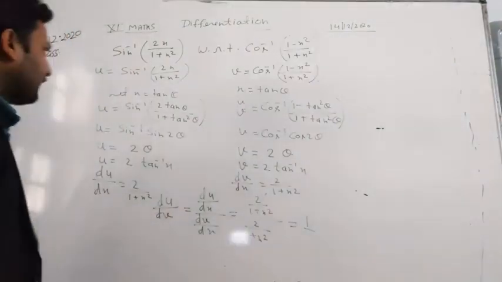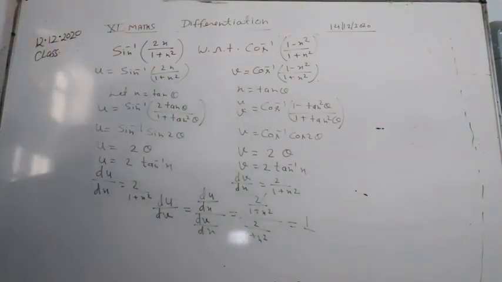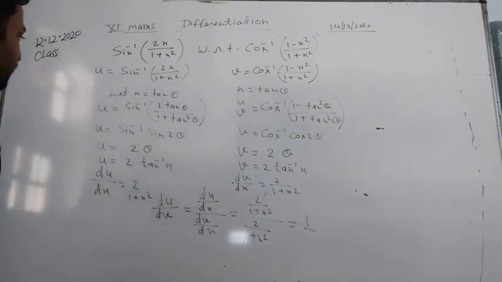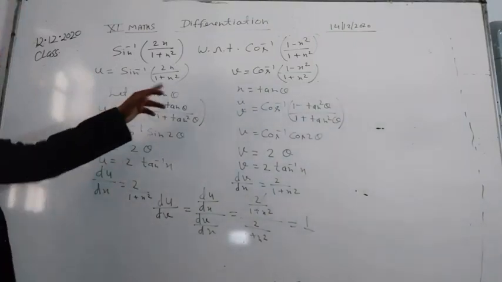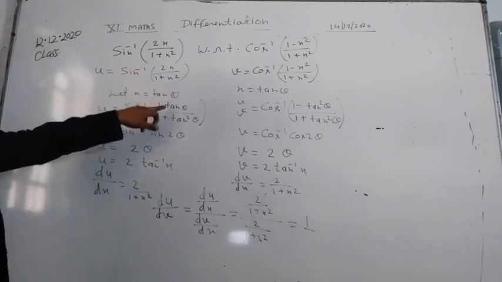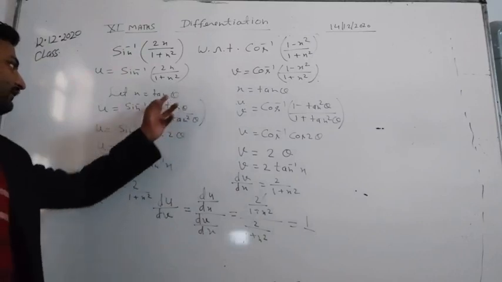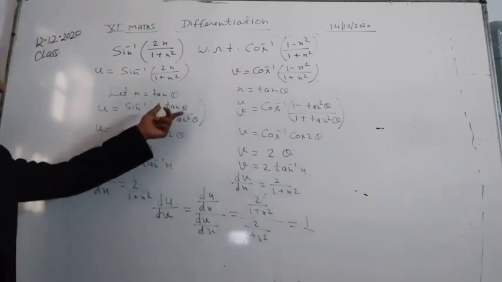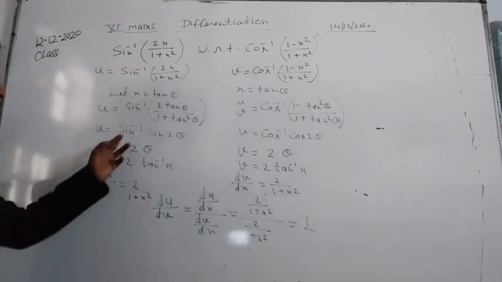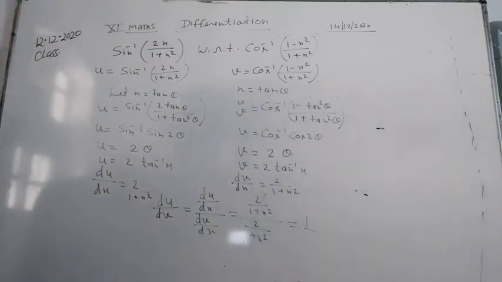Okay, what we have done: we have taken the first term, u is sin inverse 2x upon 1 plus x square. So x is equal to tan theta we are supposing here, because we know there is the formula of sin 2 theta. When we put it here, we get 2 tan theta upon 1 plus tan square theta, and this is the formula of sin 2 theta. We can replace this with sin 2 theta. Here sin inverse and sin are going to be cancelled.